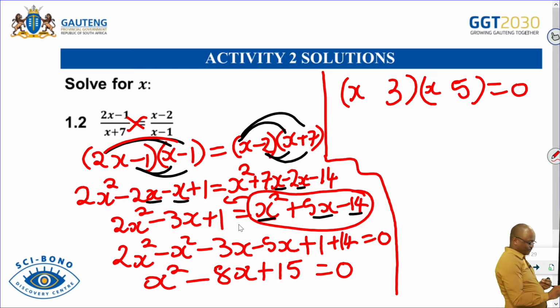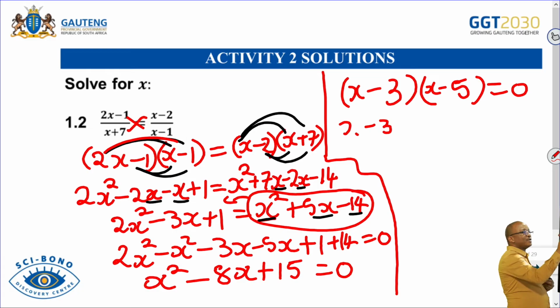Now, the sign of the last term is positive, but the sign of the middle term is what? It's negative. It's only when you multiply negative and negative that you get positive. And negative 3 and negative 5 will give you negative 8. So now that's as simple as ABC.